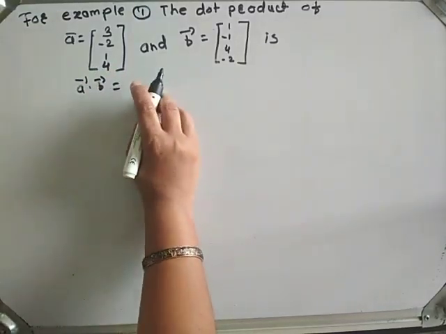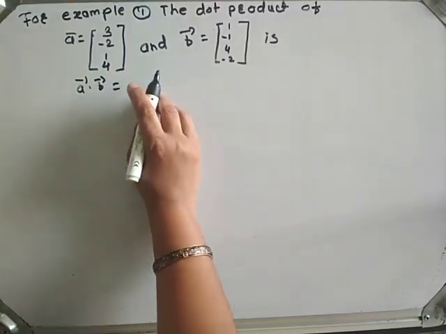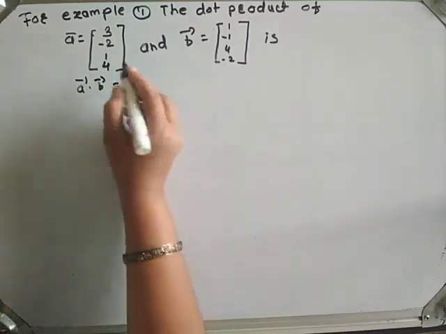Dot product is nothing but the sum of the products of the corresponding entries.